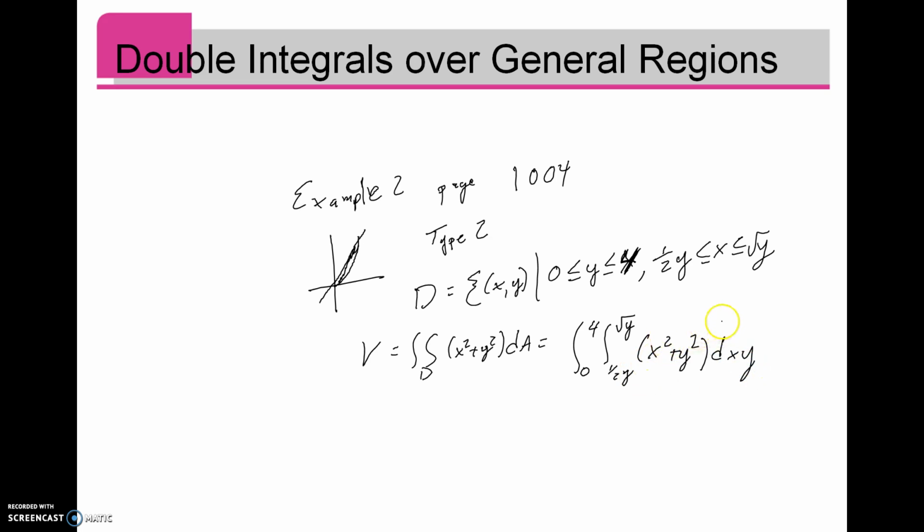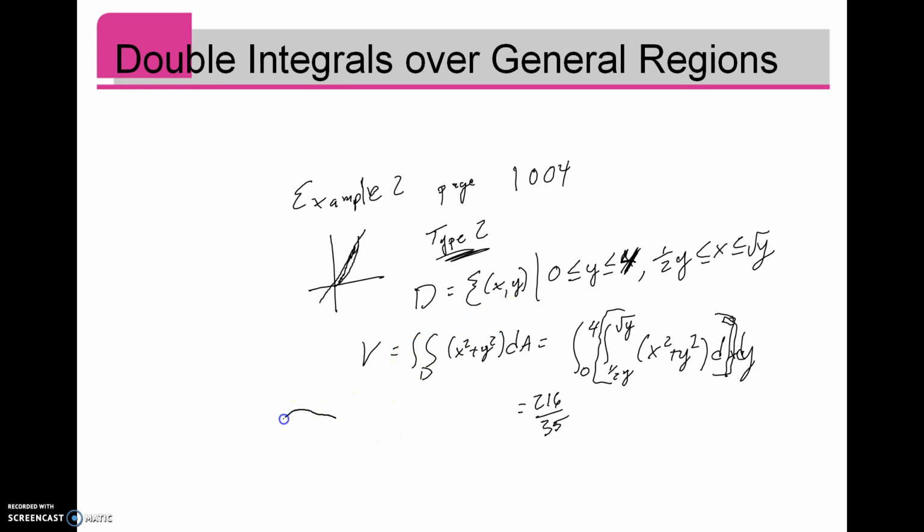So this time we're integrating the inside with respect to dx first and then dy. And if you follow it along, you'll get 216 over 35, which we got originally using the type 1. So this is the type 2 way to do it.